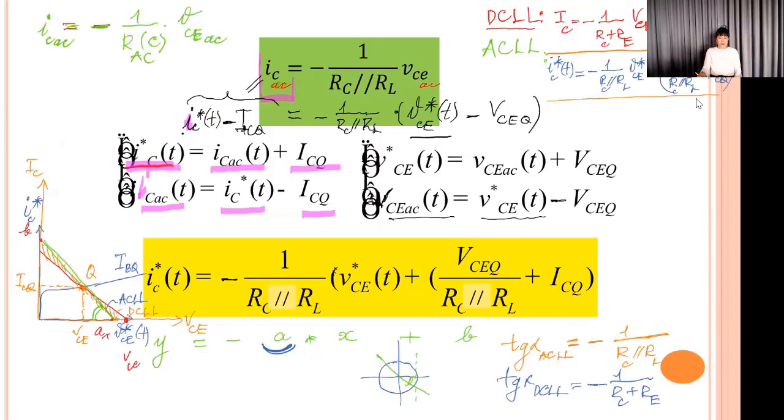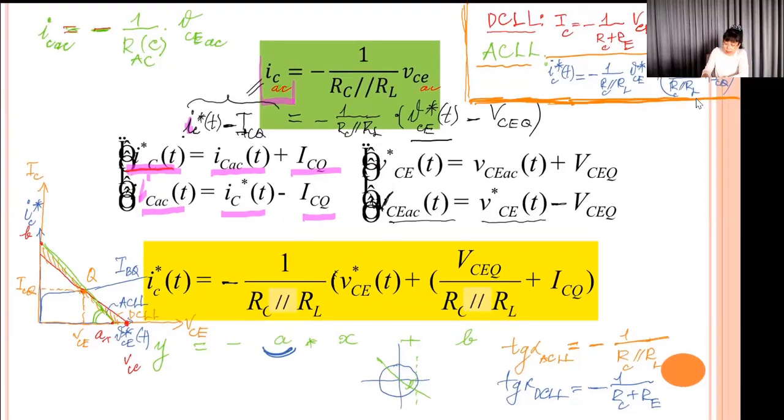This is the DCLL. We have the equation on the right below. You can see here, and the ACLL I have ready for you. Please write it down again. This is part 2, the equation on the right in my slide.